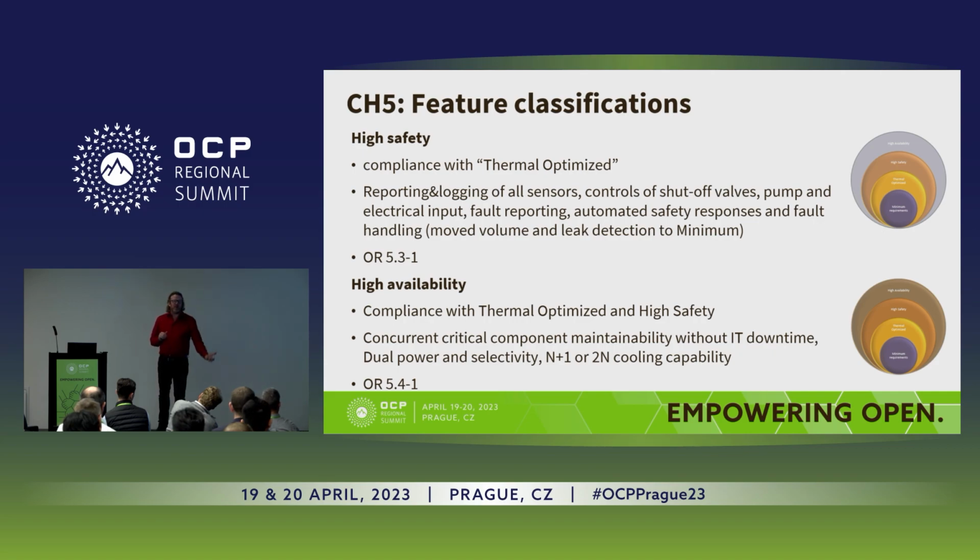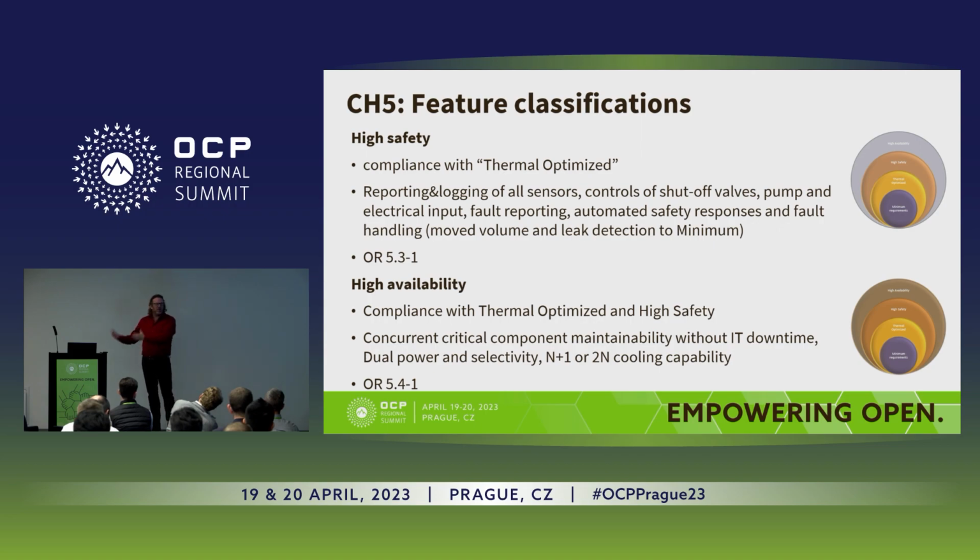Then we have the high availability classification, which also includes high safety and thermal optimized. So that is a given that must be met. On top of that, you also must have a way of implementing concurrent maintainability on all the critical components that make up the immersion solution, right?